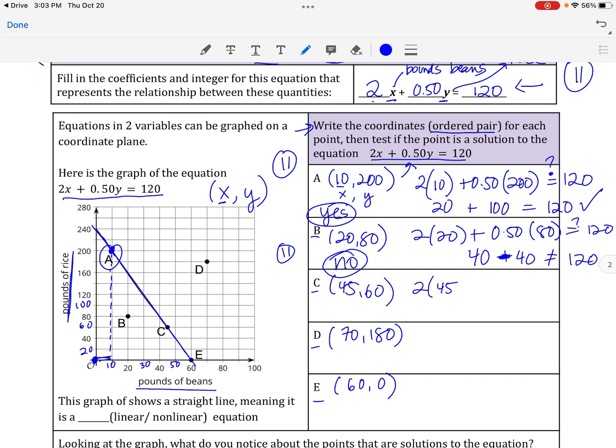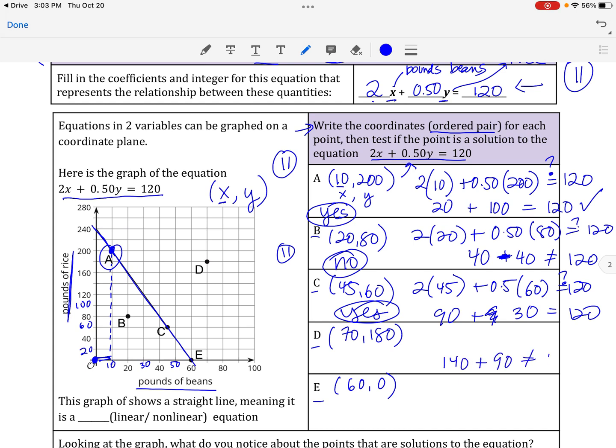Is this a solution? Does that equal 120? This one, 2 times 45 is 90. 0.5 times 60 is 30. That does equal 120. That is a solution. 70 and 180. If I plug that in, I get on this side 140 plus 90.